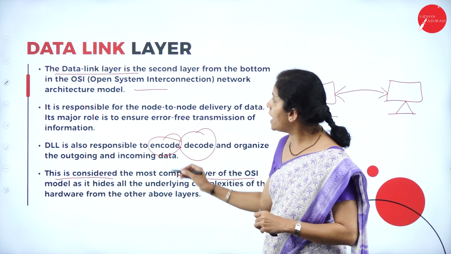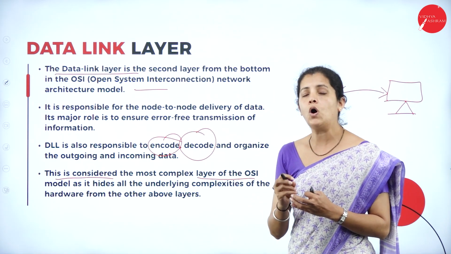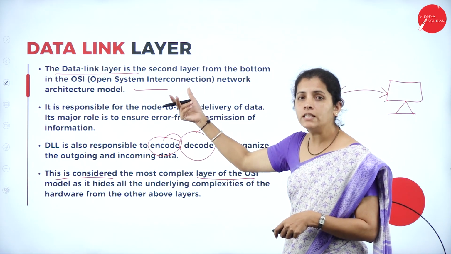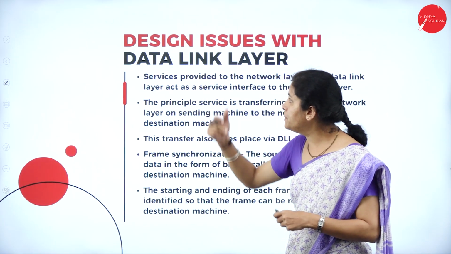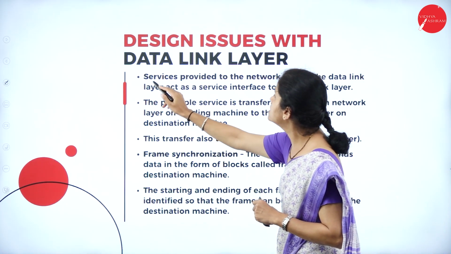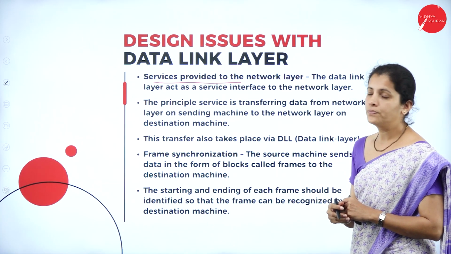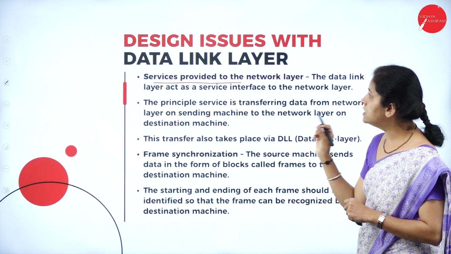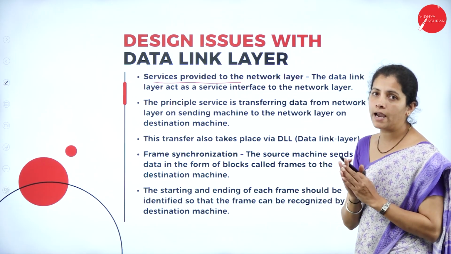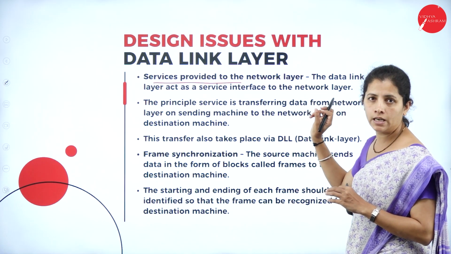Now, designing the data link layer is a tedious or complex task because it presents certain issues. Let me discuss some of the design issues here. So dear student, what is my first design issue? That is the service provided to the network layer.